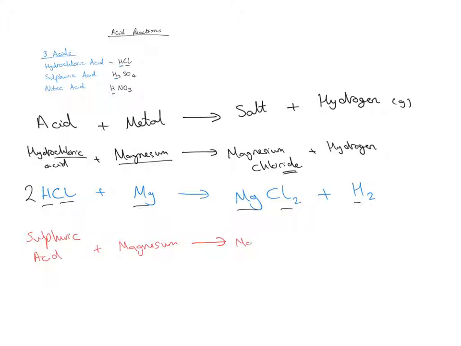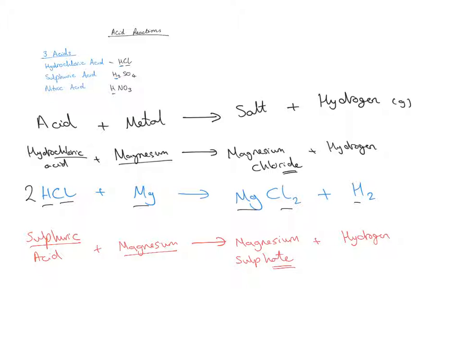I would still have a salt formed and I would still have hydrogen formed, but my salt would now be called magnesium sulfate. It would not be called magnesium sulfide, and I'll explain why in a minute.